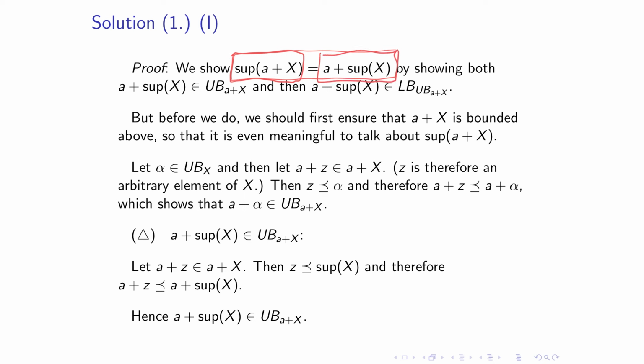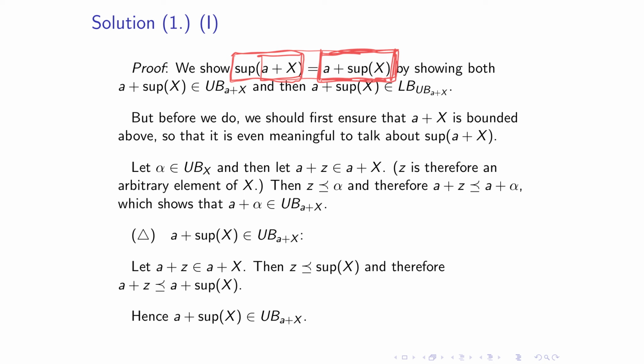I'm going to say that we're basically going to take the right-hand side and demonstrate that it has the properties of being an upper bound and the least upper bound for the set A plus X. So why? When I first learned this material, I wouldn't have known to start approaching the problem that way.